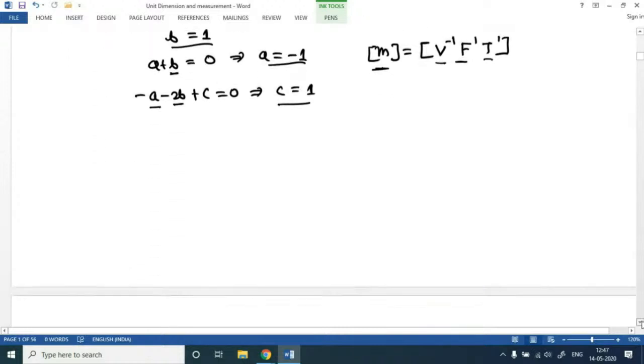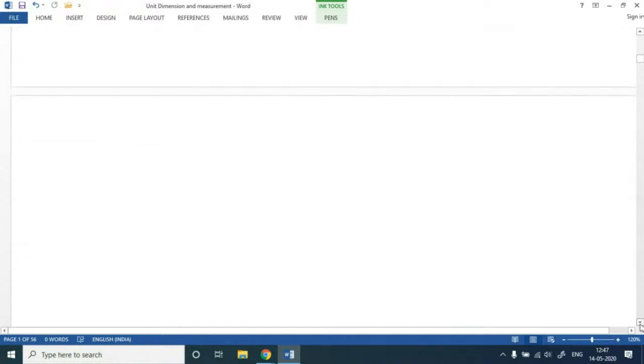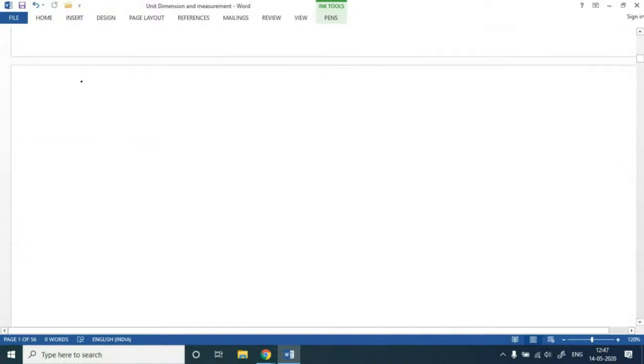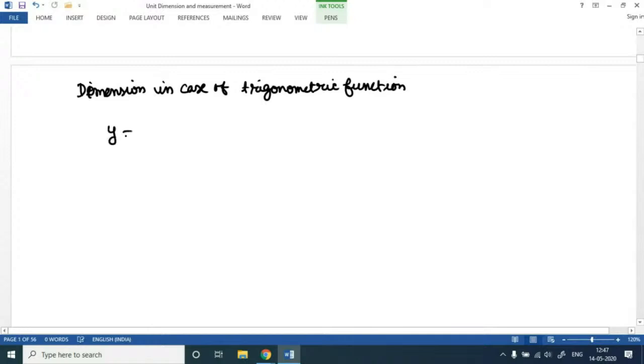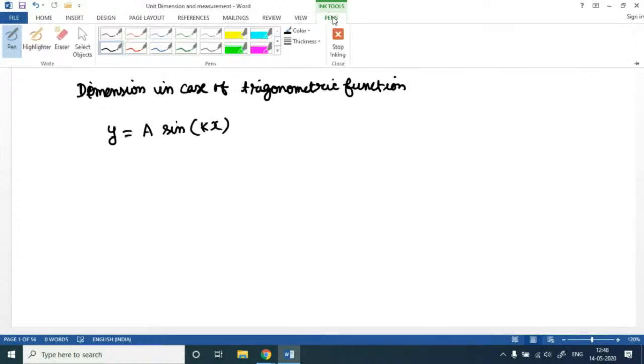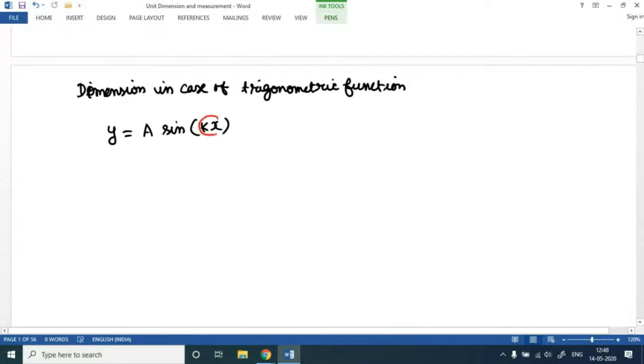Another thing you must realize is dimension in the case of a trigonometric function. For example, you have some trigonometric function y is equal to a sine kx. First of all, realize this quantity kx.